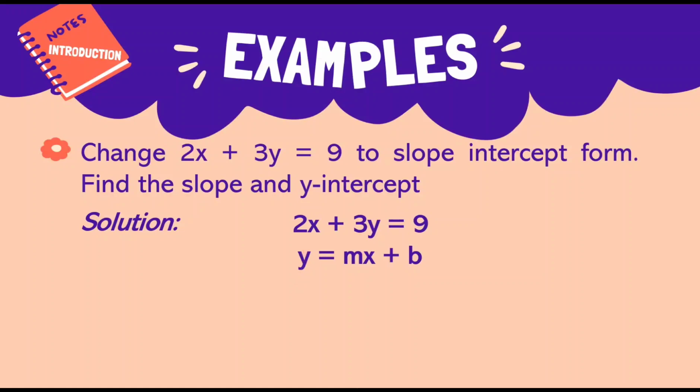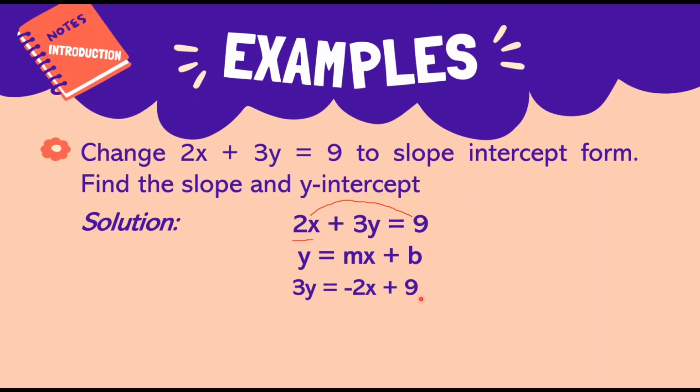And then, our 2x, pupunta siya sa other side of the equation. So, the sign will be changed. So, since ito po ay positive, it will become negative. Okay, let us see. Ayan. So, it becomes 3y, lagay ko dito, is equal to negative 2x, nilipat, and then copy positive 9. Okay, so it becomes 3y is equal to negative 2x plus 9.